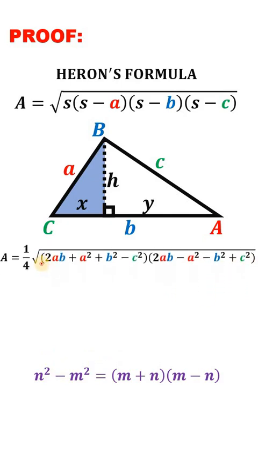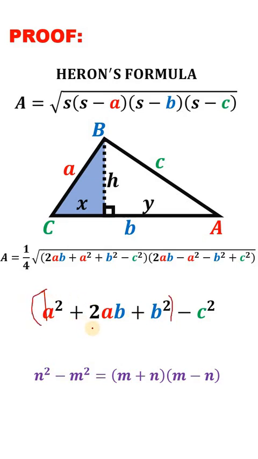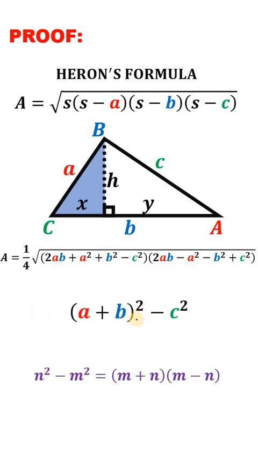Now, let's focus on this expression. We have 2ab plus a squared plus b squared minus c squared. Now, let's rearrange some terms a little bit. And this expression looks nice because we can factor this out, because this is a perfect square trinomial. We can factor this out as follows. We have a plus b raised to the power of 2.